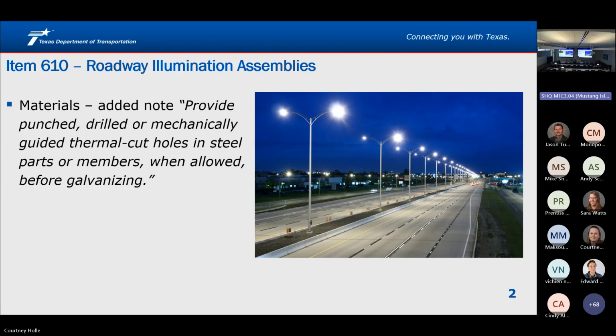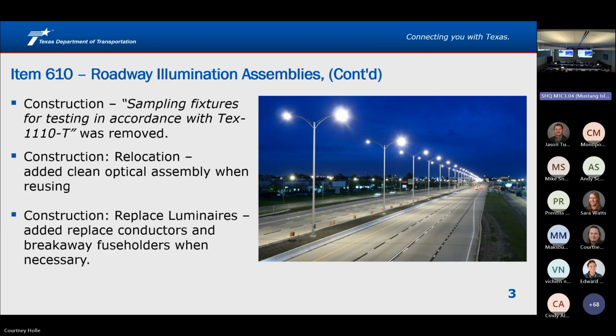Item 610, roadway illumination assemblies. In the materials section, there was a new note added: provide punch, drilled, or mechanically guided thermal cut holes in steel parts or members when allowed before galvanizing. You'll see that come up again on one of the other items.